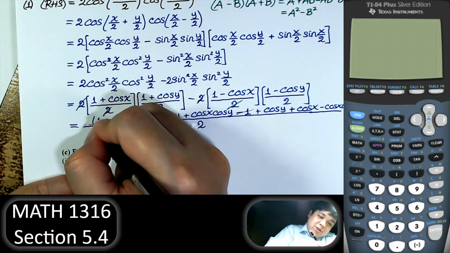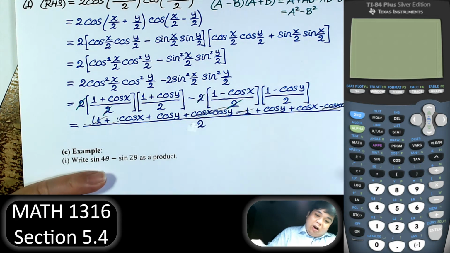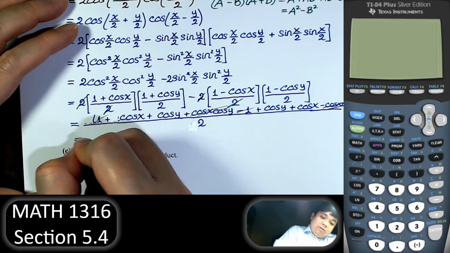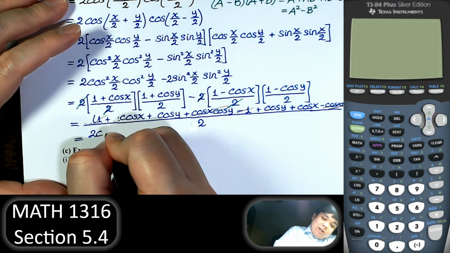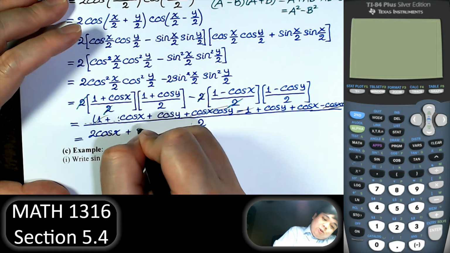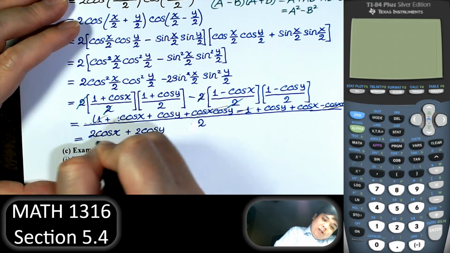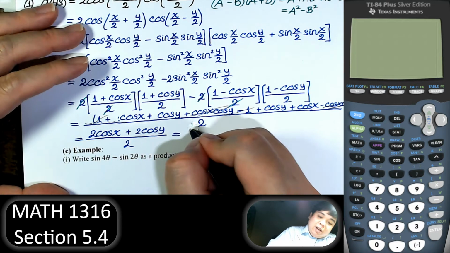Minus 1 cancel. Cosine x, cosine y, cosine x, cosine y cancel out. So on the top we have 2 cosine x plus 2 cosine y. Divide by 2. Factor out the 2 first.